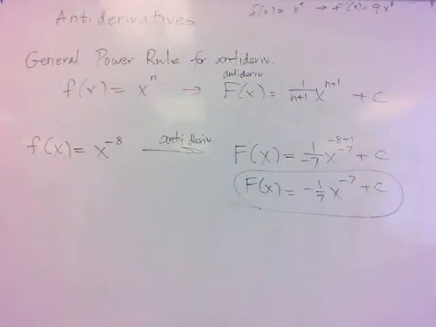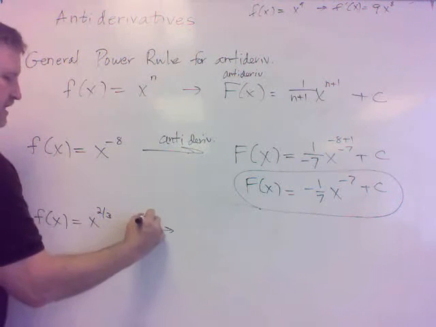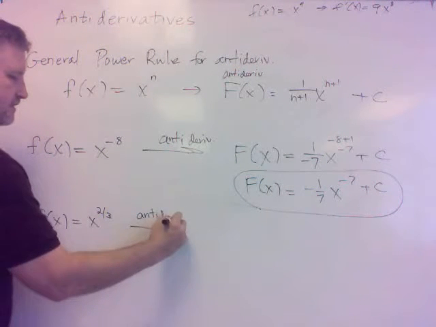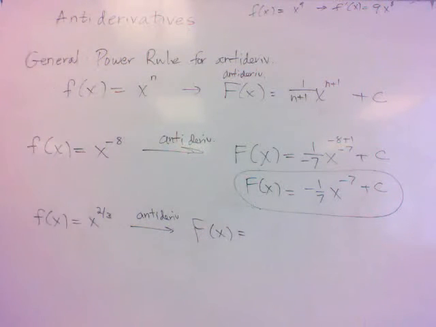All right? What about this one? I've got f of x equals x to the 2/3 power. Give me the antiderivative of that, big F of x. Okay, well, we'll do it this way this one time.